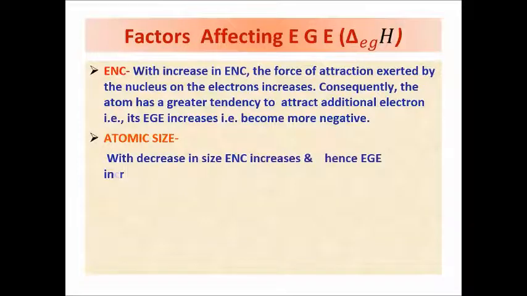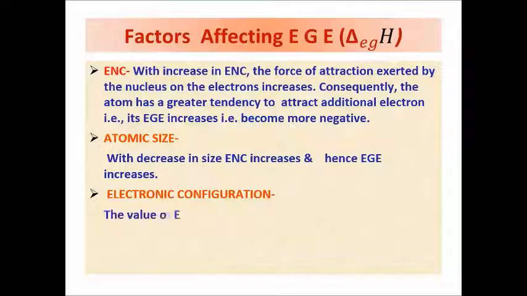With a decrease in size, effective nuclear charge increases. But what happens? Electron gain enthalpy increases. The next point is the electronic configuration.